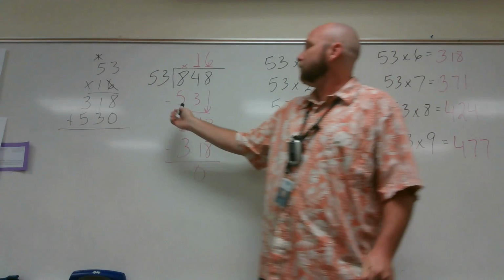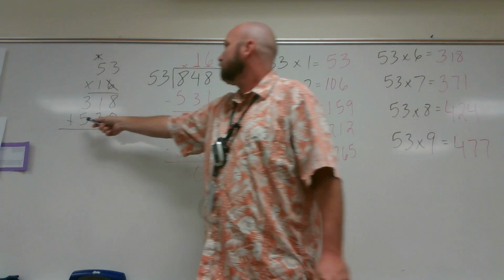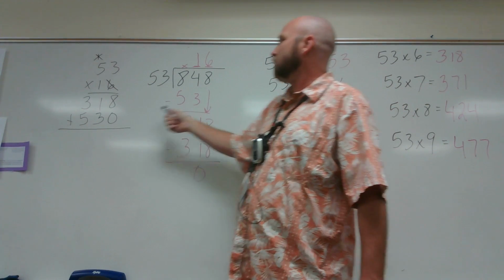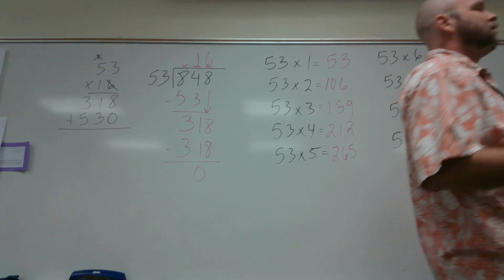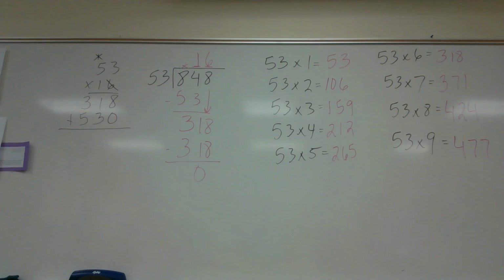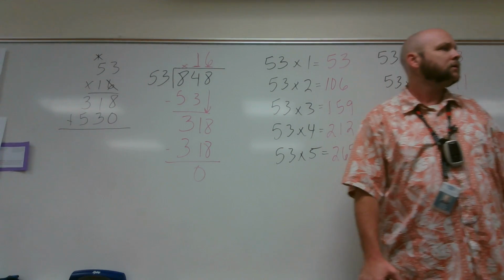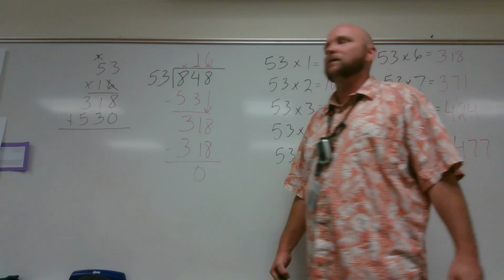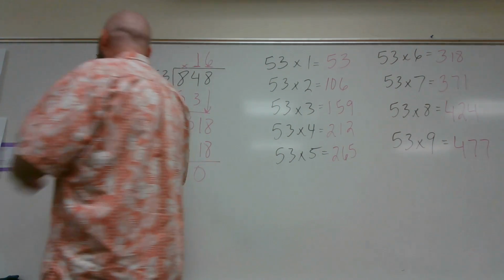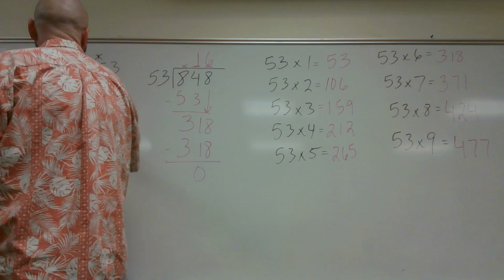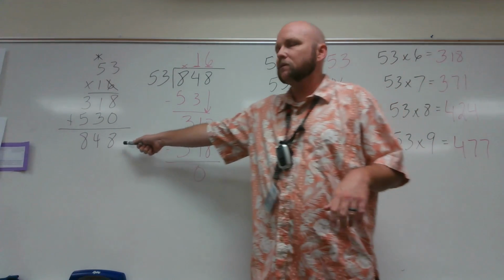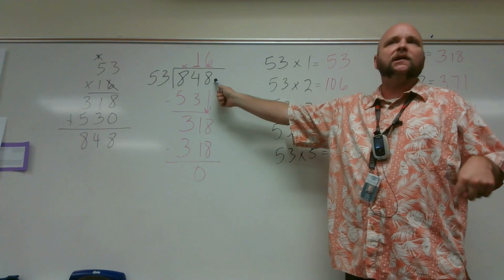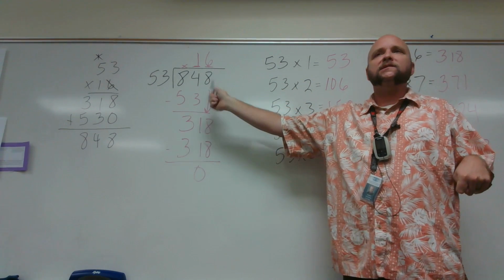This 53 is in the hundreds and the tens. So don't just know how to do it. Know why you're doing what you're doing. Okay, so I just add these. 8, 4, 8. So 848. My product is the same as my dividend.